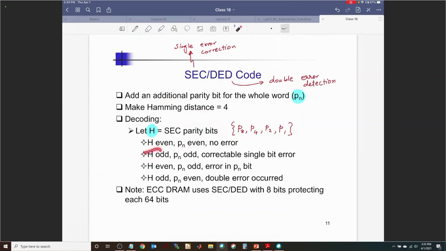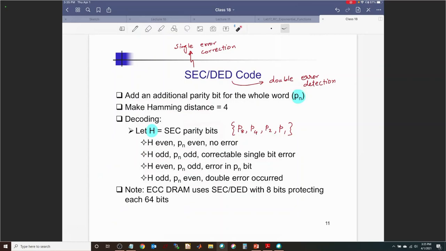If H is odd and Pn is odd, if they are both odd, then you will be able to correct single bit error. If H is even and Pn is odd, then there is an error in the Pn itself. And if H is odd and Pn is even, that will tell you that 2 errors have occurred. We will not be able to correct any of them, but we will know 2 errors have occurred.